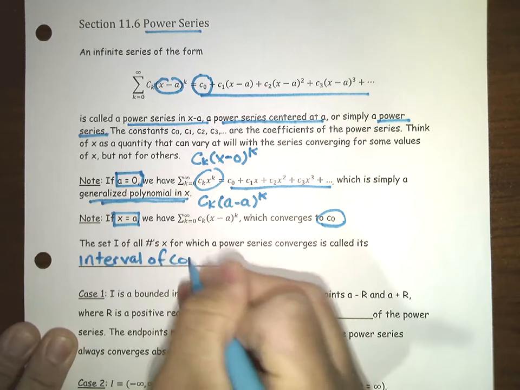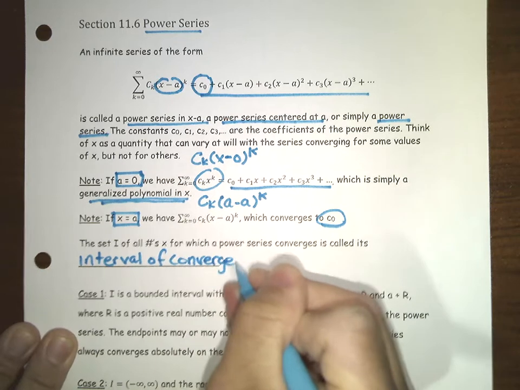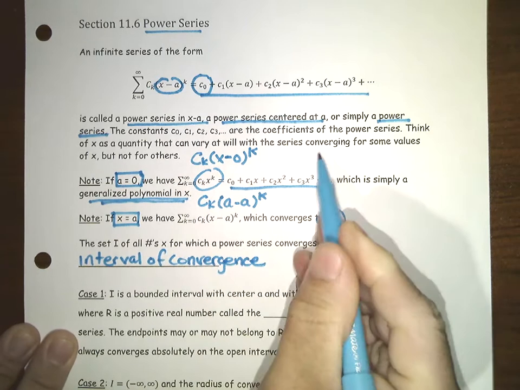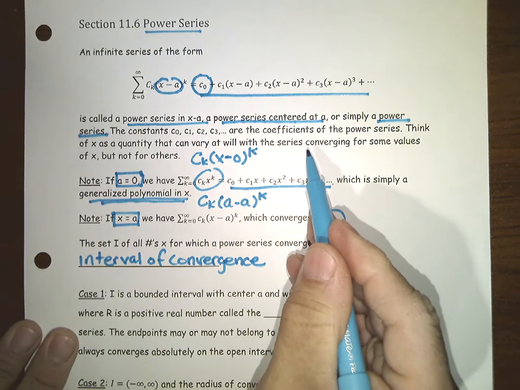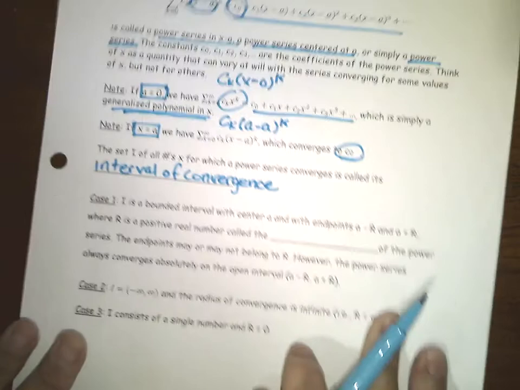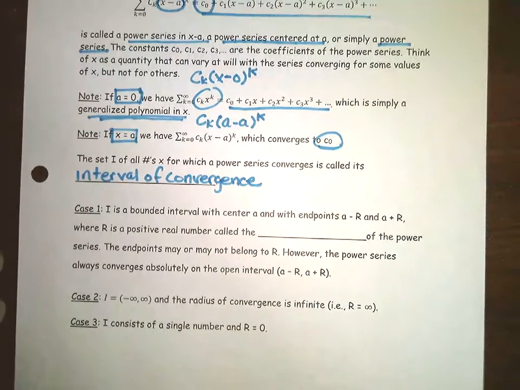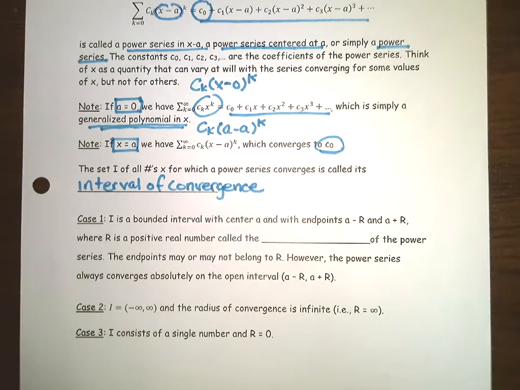And again, remember that what I said here is true: for some values of x, this series will not converge. So we have to give the interval of convergence of x values for which the series will converge. Here are the different cases.